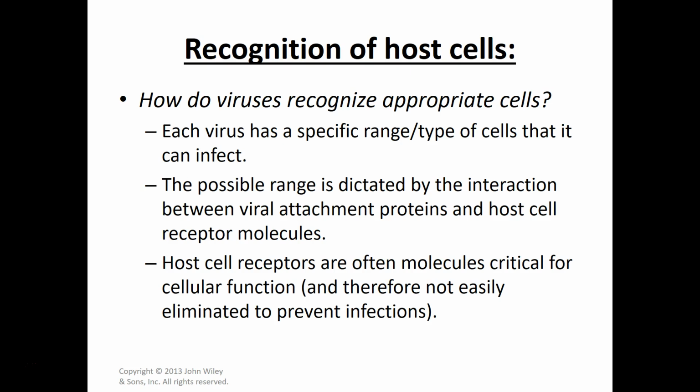And the problem is that the receptors or the proteins that the virus is attaching to are usually critical ones. So we can't avoid infection by changing those, and we'd have to change that at a genetic level.